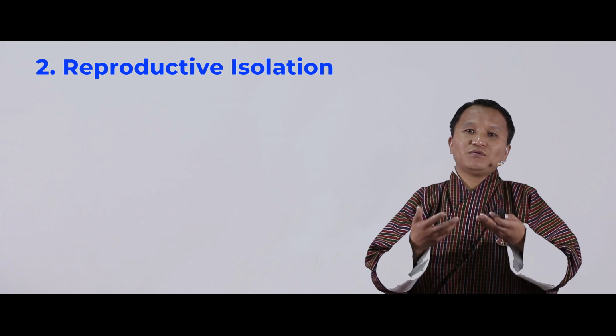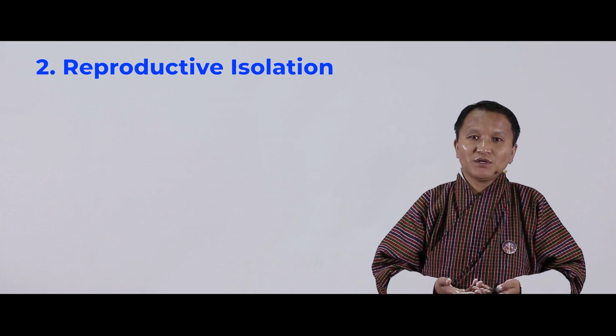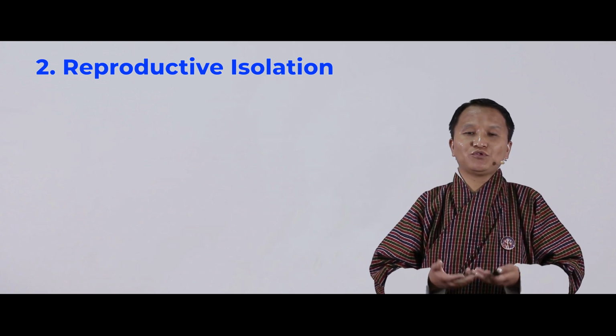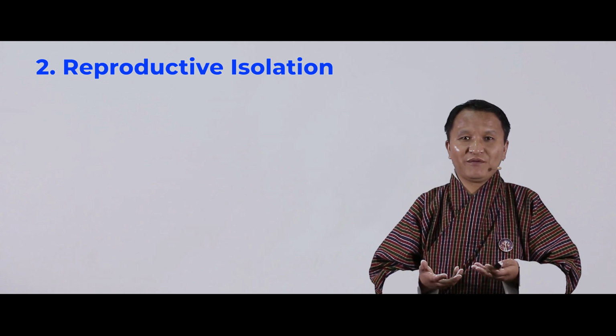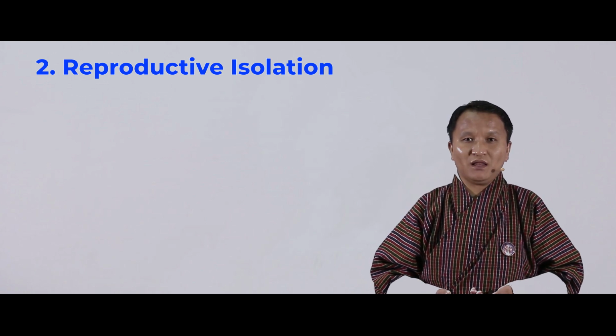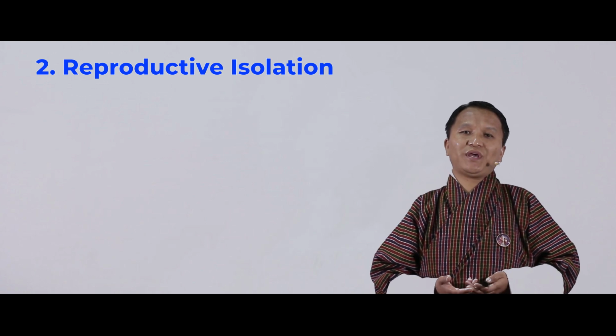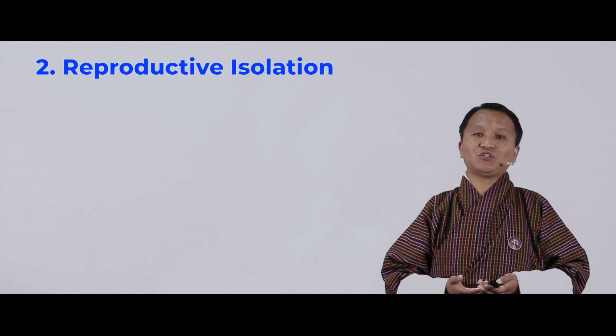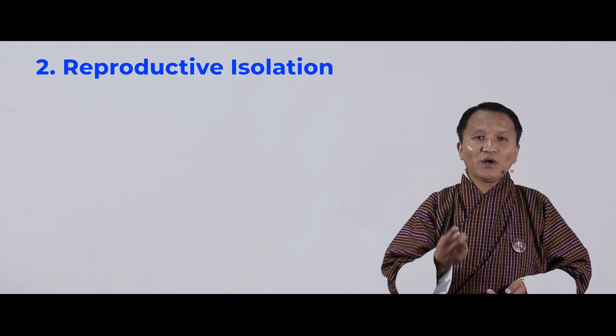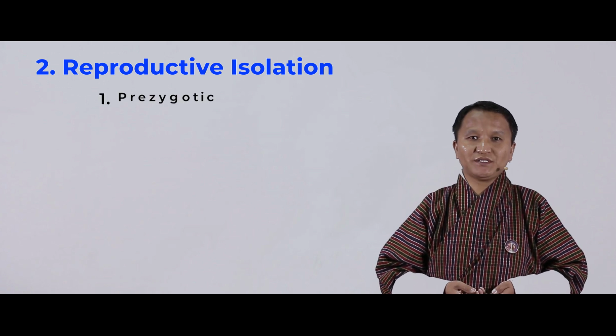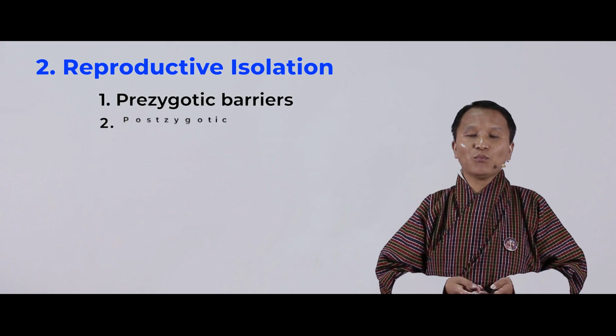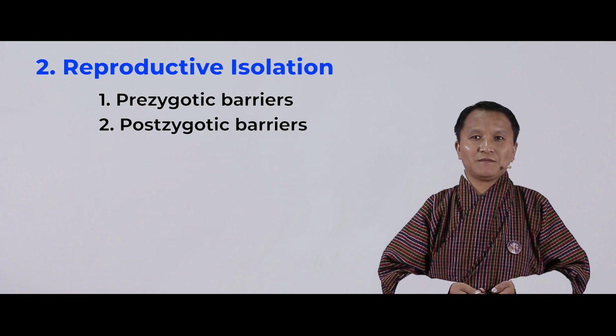Even if successful mating has happened, the offspring will not be able to survive, become viable and fertile. There are two ways through which reproductive isolation controls speciation. Number one, we call pre-zygotic barriers, and number two, we call post-zygotic barriers.